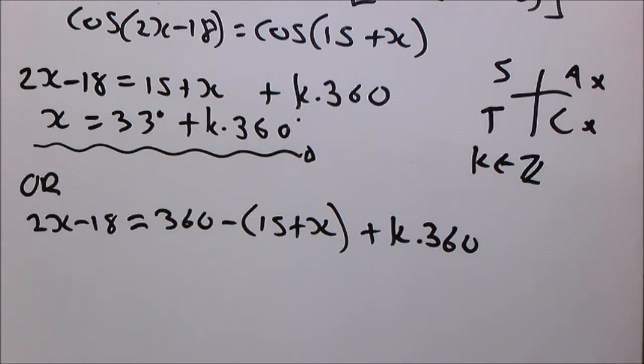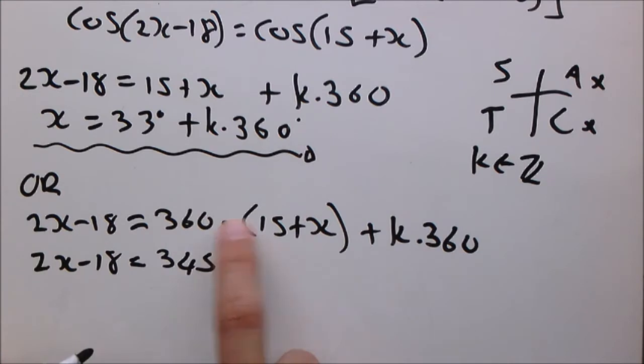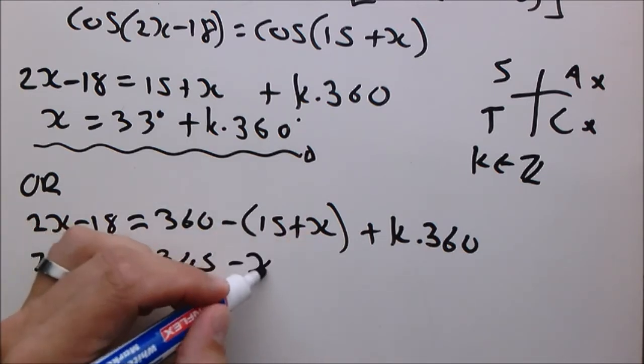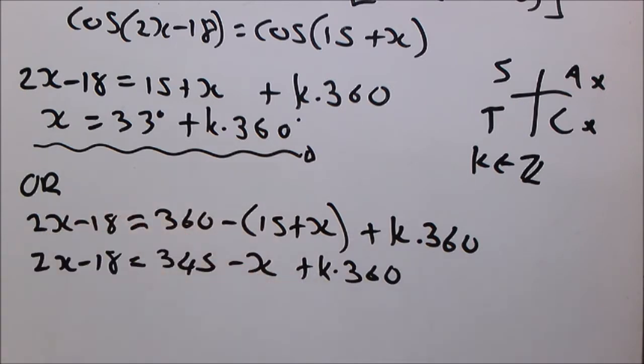Now with the second one, we first have to simplify the right hand side before we can go on. So it's 2x minus 18 equals 360 minus 15, which is 345, minus x plus k 360.